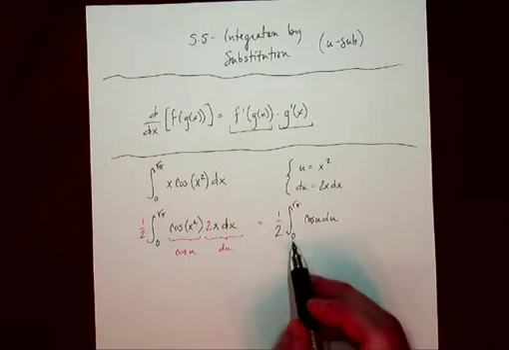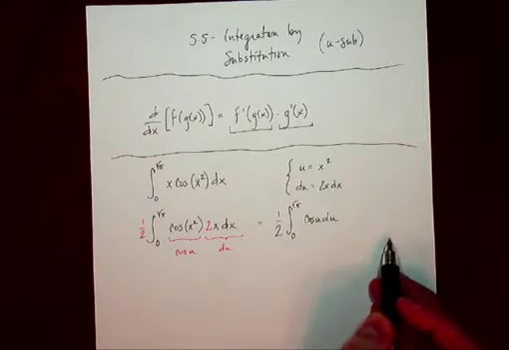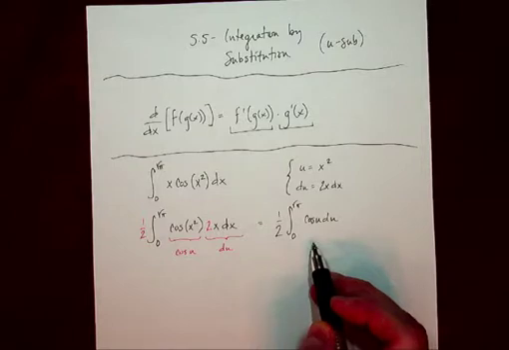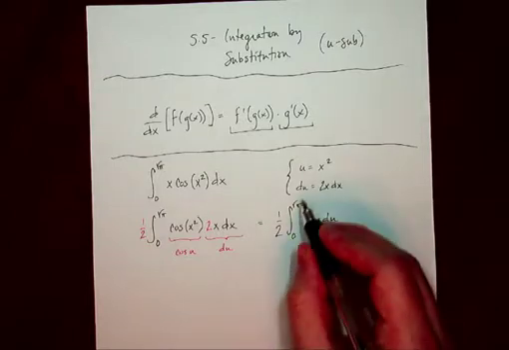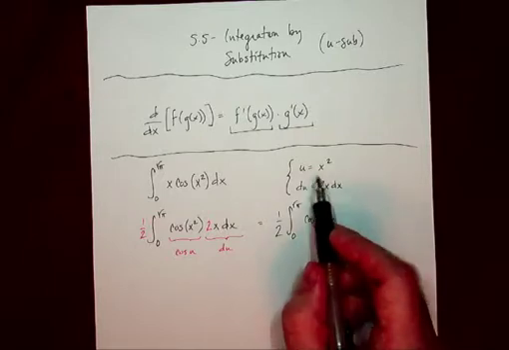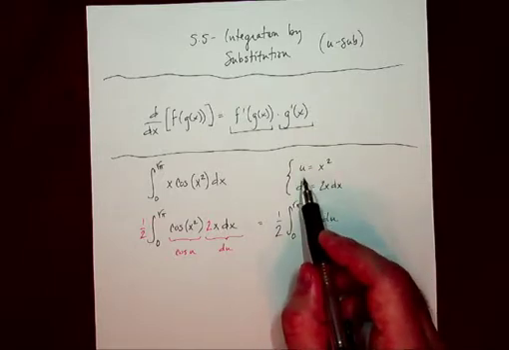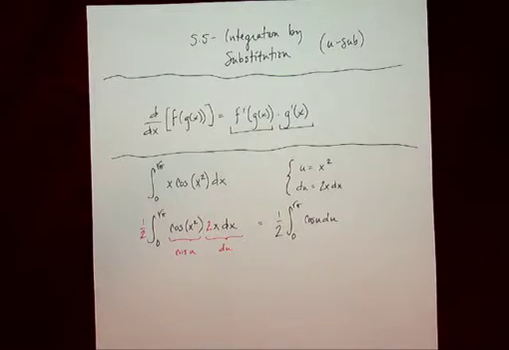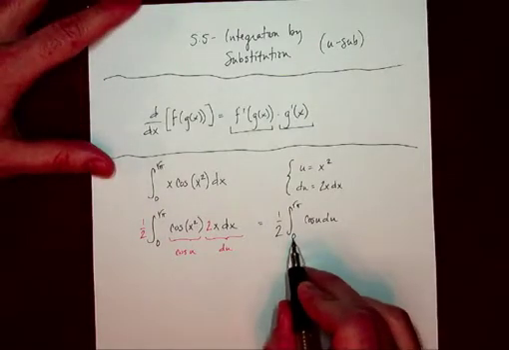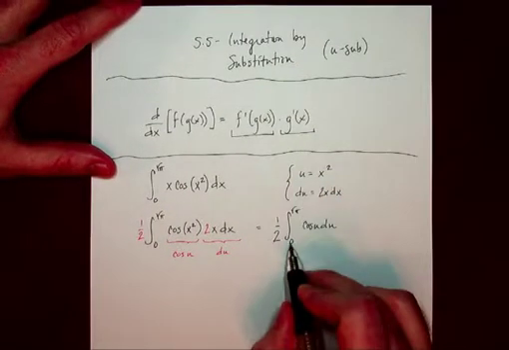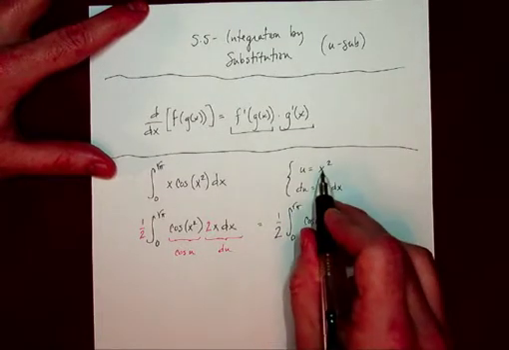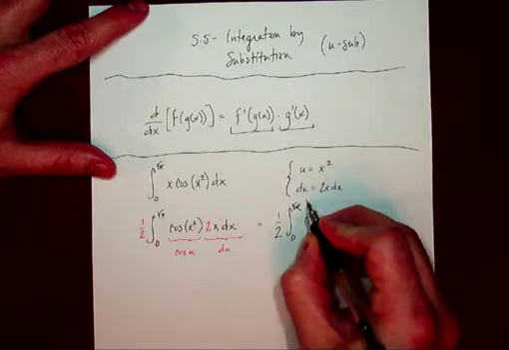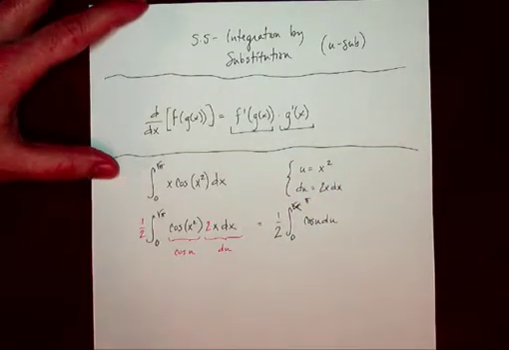You can either integrate, change it back into x, and then plug in your limits, or you can change the limits to being in terms of u, and therefore you just don't have to change it back. So when x is 0, u is also 0. But when x is root pi, u is just pi, okay?